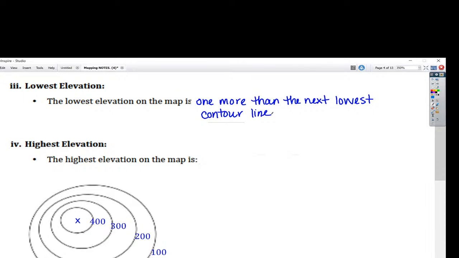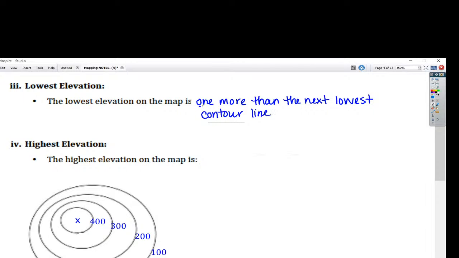So 1 more than the next lowest contour line. That's on the next page of your notes, lowest elevation, I think. Yeah, it is. And so we're gonna flip back to the previous page so we can make this make sense. So 1 more than the next lowest contour line.